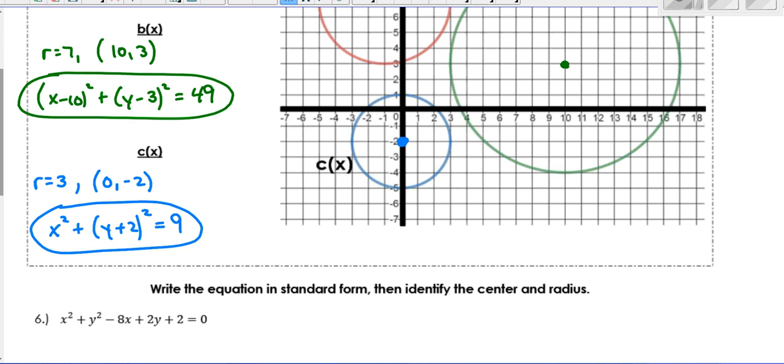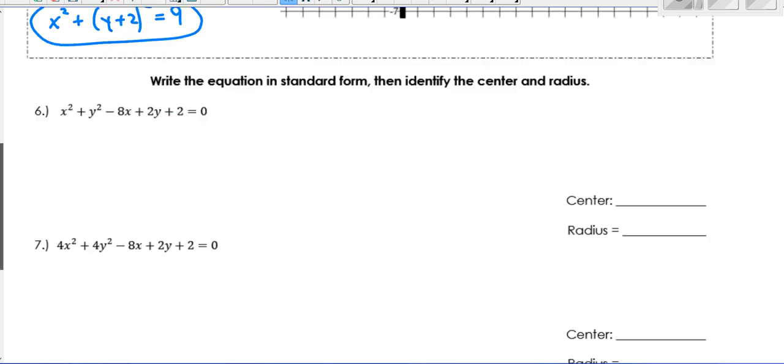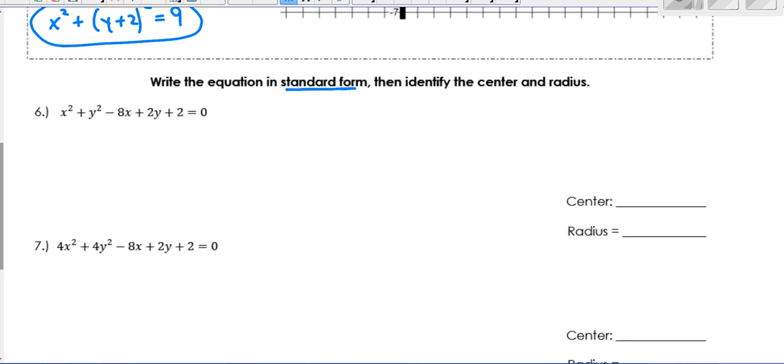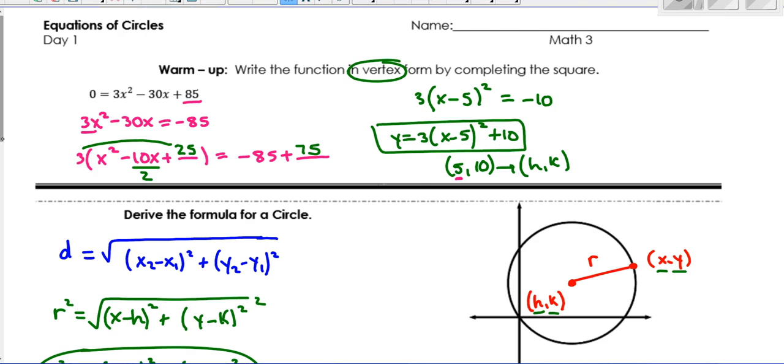Okay. All right, and then this bottom portion is meant for you to change from general form into standard form. So write the equation in standard form. In order to be in standard form, we must look like this.